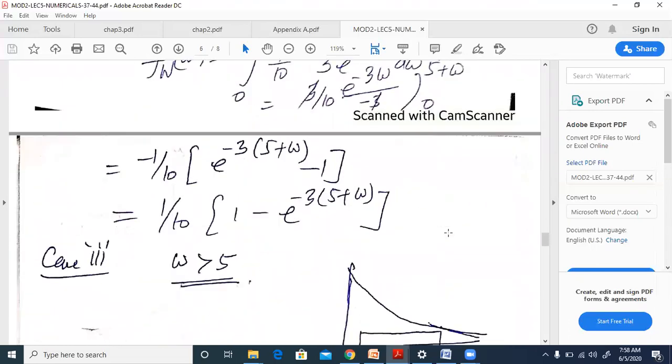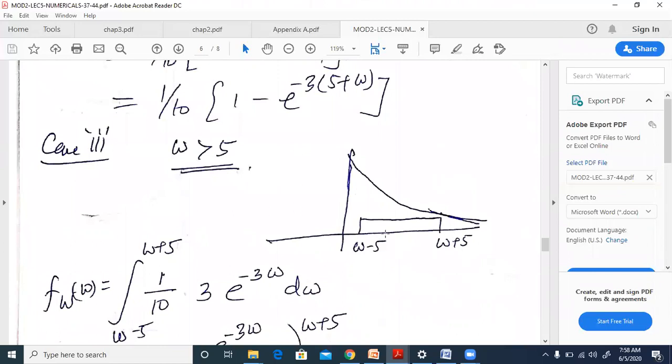Once we write this, we'll get something like this. So w greater than 5 will be something like this, with limits from w minus 5 to w plus 5.